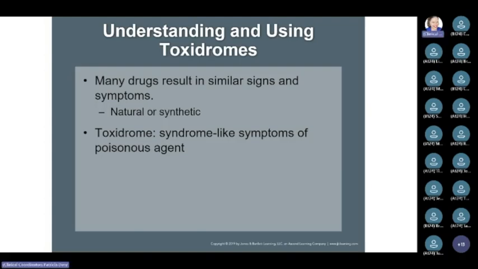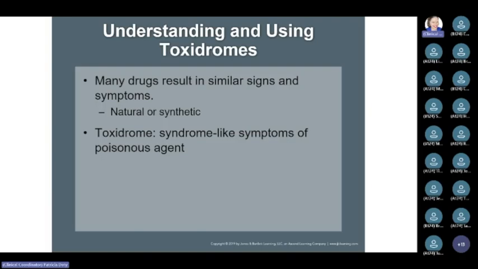So there are so many different substances that you can abuse. It's ridiculous, right? So we have toxidromes, which are syndrome-like symptoms of poisonous agents. So all narcotics, doesn't matter if it's natural or synthetic, they're going to work in a similar manner. Does that make sense? I hope that there's some understanding there.